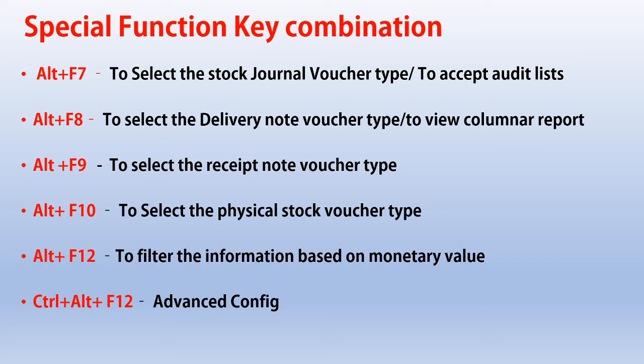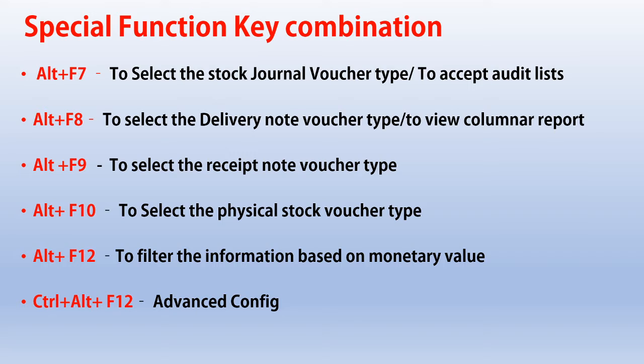Alt plus F10, physical stock voucher. Alt plus F12 filters the information based on monetary value. Suppose I need vouchers more than 10,000, then I can press Alt F2 in that day book and invoke the vouchers which are greater than 10,000.